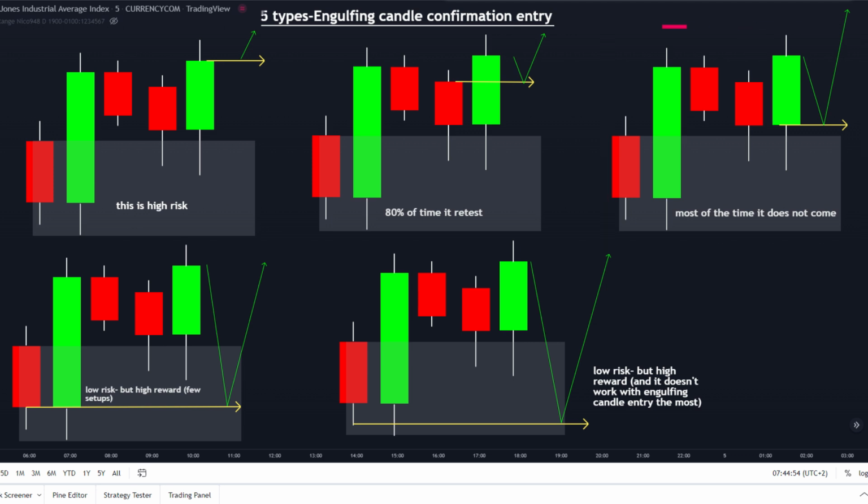The downside is, you won't have so many trades if the market confirmed with a bullish engulfing candle. 4. Now here we reduce the risk even more, you will put a buy limit order on the bearish candle's open. The bearish candle that we drew the zone with. 5. Now this is my favorite one, but it doesn't happen a lot when the market is confirmed with a bullish engulfing candle. The reason is the bullish or bearish engulfing candle has a lot of volume compared to so many candlesticks in the market.